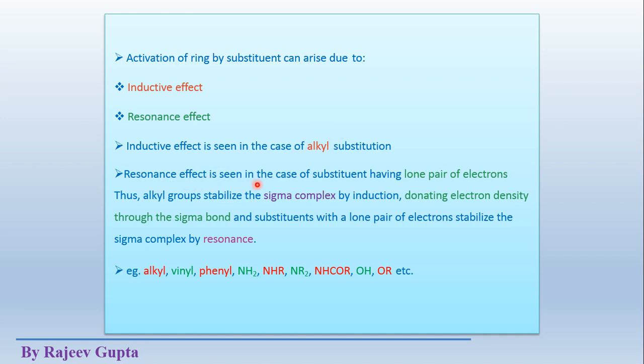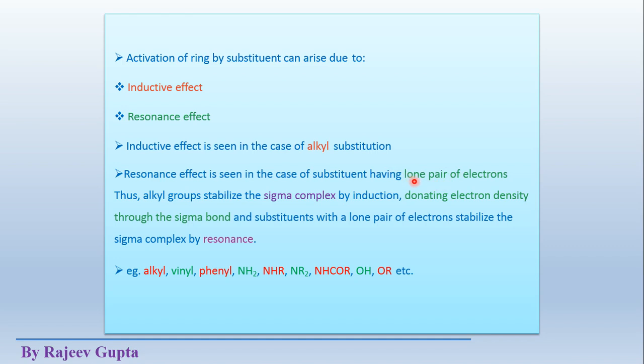Resonance effect is seen in the case of substituents having a lone pair of electrons. This resonance effect will be seen in substituents where the atom directly attached to the aromatic ring contains at least one lone pair of electrons, because this lone pair will be in conjugation with the aromatic ring pi electrons.